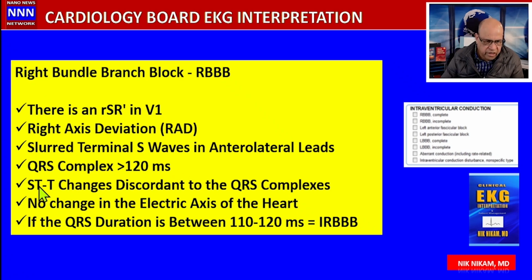We're going to see discordant STT changes in the right chest leads. There will be no change in the electrical axis of the heart. And if the QRS duration is between 110 and 120 milliseconds, it is considered incomplete right bundle branch block. So let's remember these things.